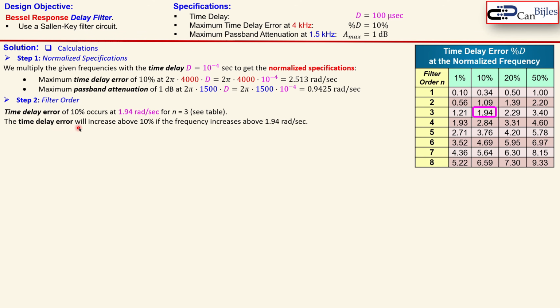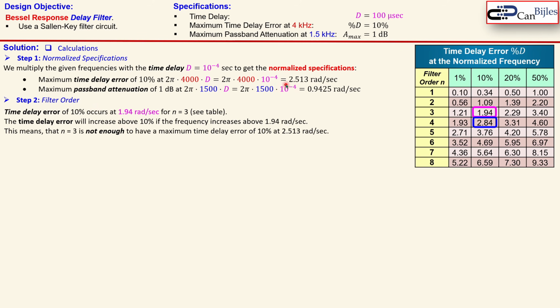Now, if the time delay will increase above 10%, that means if this frequency will increase, for example, goes to 2 radians per second, then the error will also increase above this 10%. That's the reasoning actually for this one. So this is actually what you can get at max in your normalized frequency. So that means NS3 isn't enough for this situation, looking only at the time delay error.